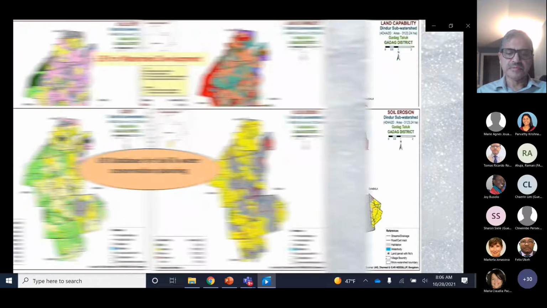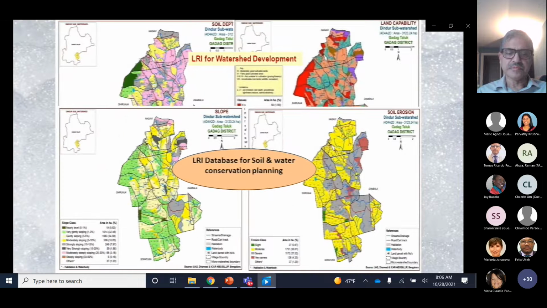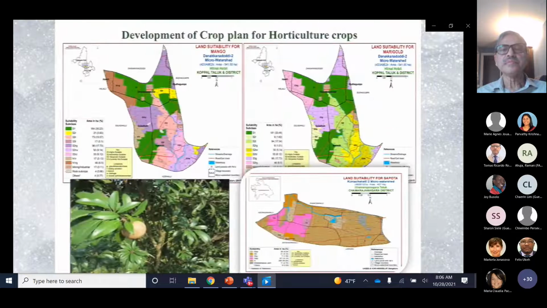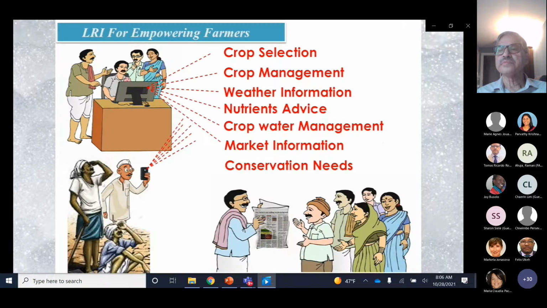And the data from the portal was used in 2 ways. First, data along with decision support systems was used to develop soil and water conservation plans and drainage line treatment plans. More simply speaking, more improved and accurate watershed plans at the sub-watershed level. The data was also used to provide agricultural advisory as extension services, crop selection, nutrient management, and pest management to farmers.